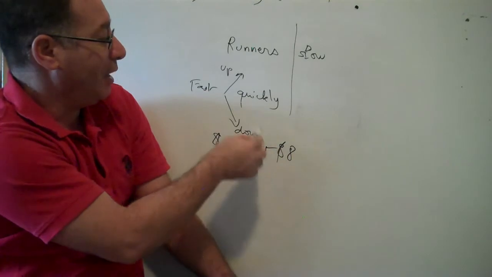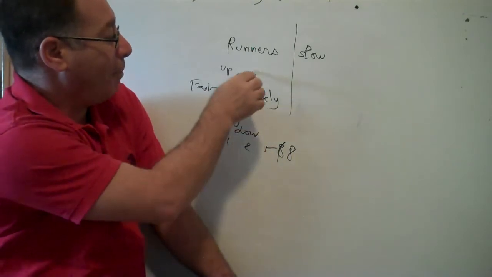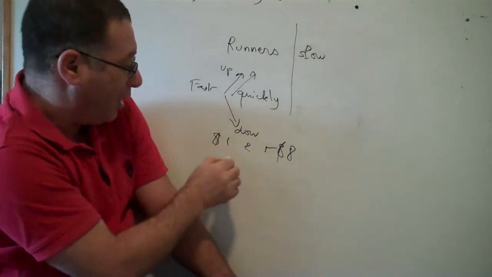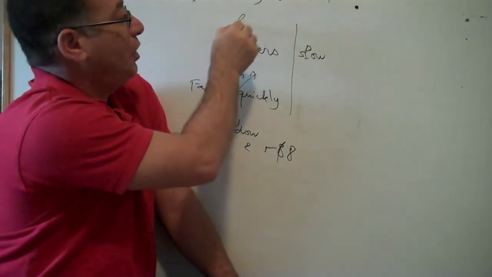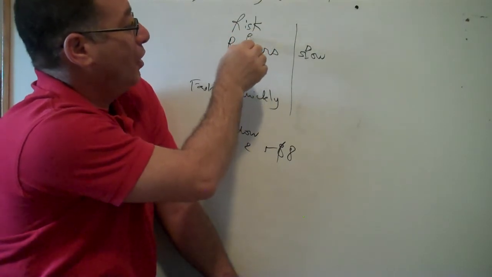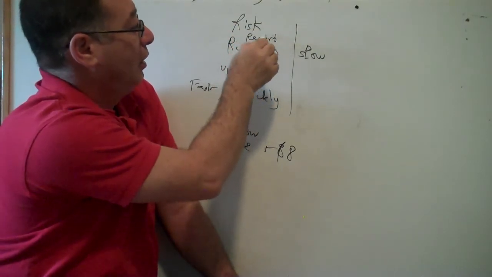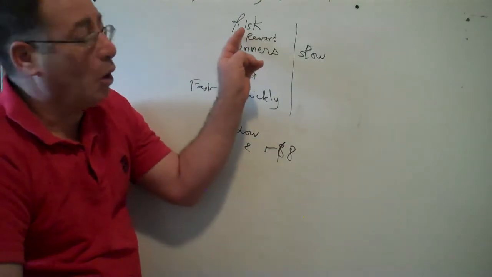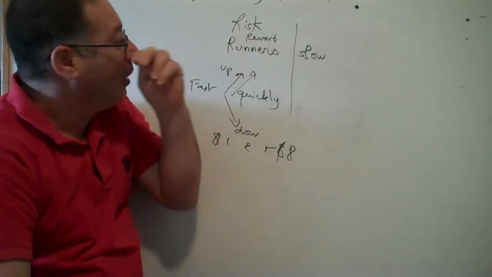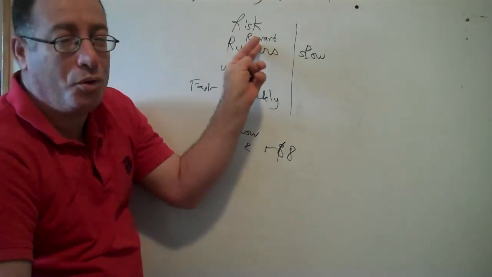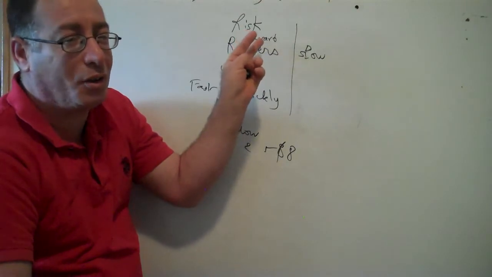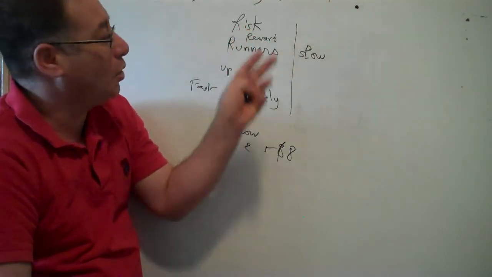But the problem here is that they go up like this or they go down. So there is more risk here and more reward, because the more risk you take, the more reward you have. Or if you lose, you will have a bigger loss than usual.